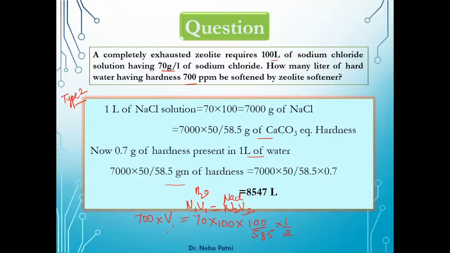Now even if you think this is in milligram per liter, but this is gram per liter, so this is also not equated. So you have to multiply it with 1000. So in type 2 numerical you have to see here, if it is gram per liter, don't forget to multiply it with 1000 in order to convert it into milligram per liter. And now if you solve the question for V1, I hope you will get the same answer. So this is type 2.